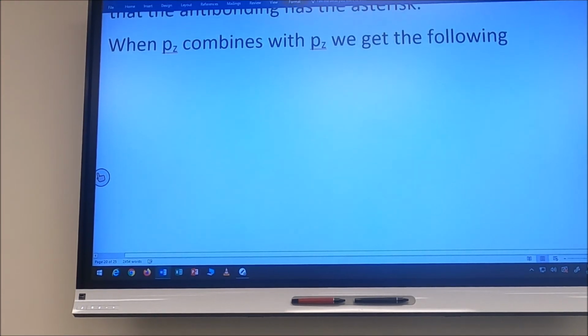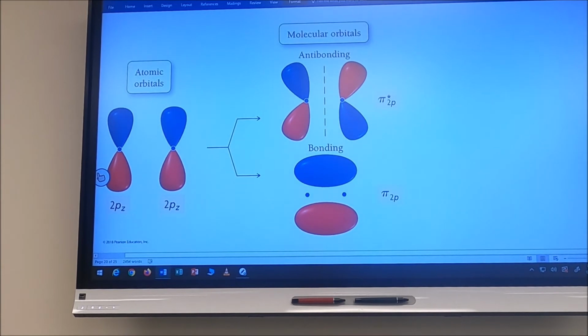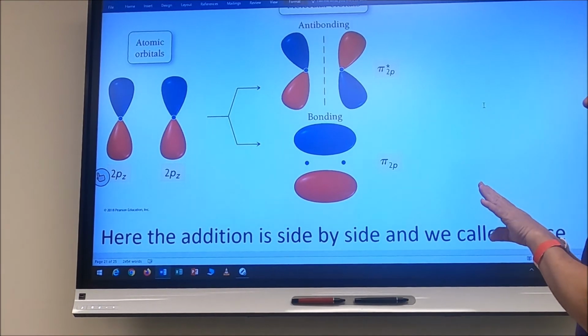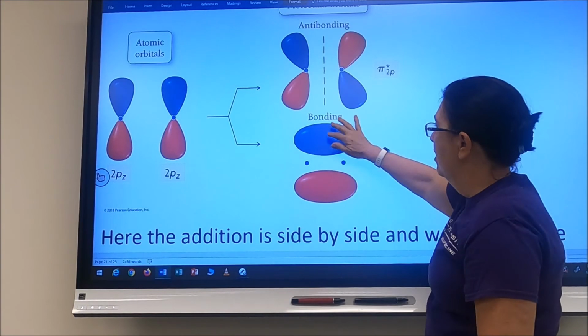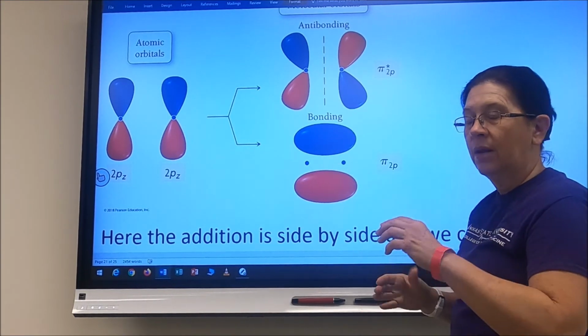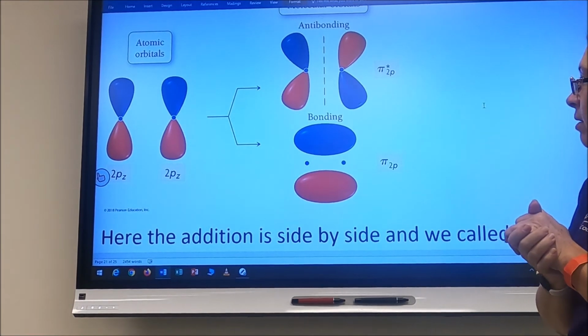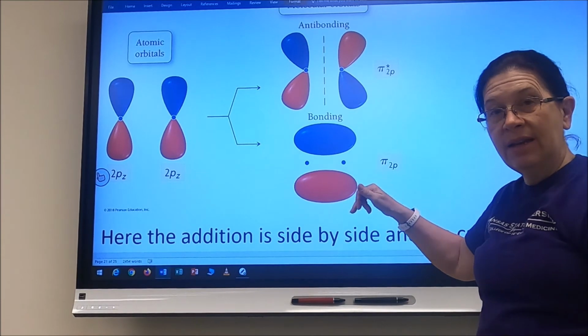Now let's look at combining a pz with a pz. Told you earlier, they're coming at each other side by side. If they add together constructively side by side, we get an electron density here and here. This loops above and below the plane that contains the nuclei. So that's a pi addition.